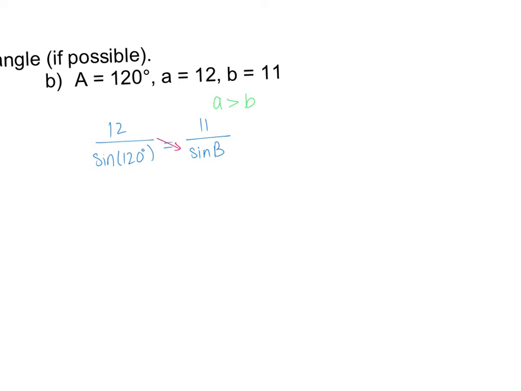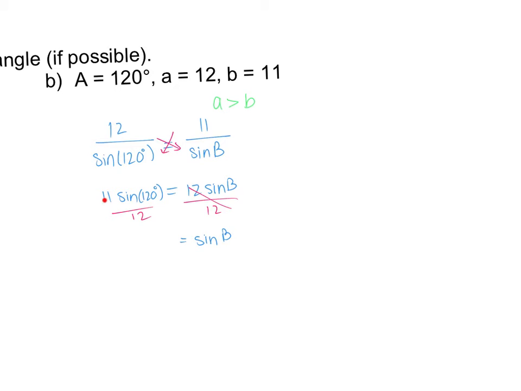I'll cross multiply, which gets me 12 sine of B equals 11 sine of 120. I divide off 12, and this gives me sine of B.